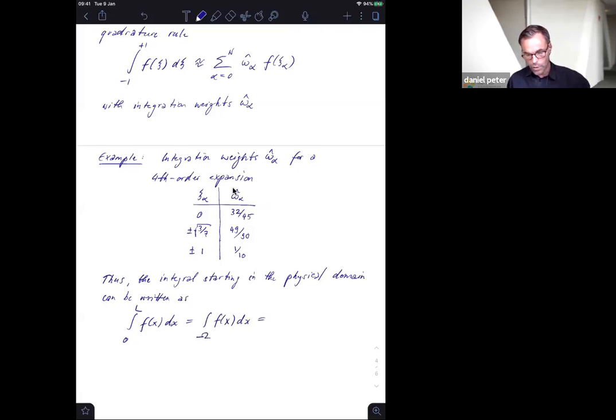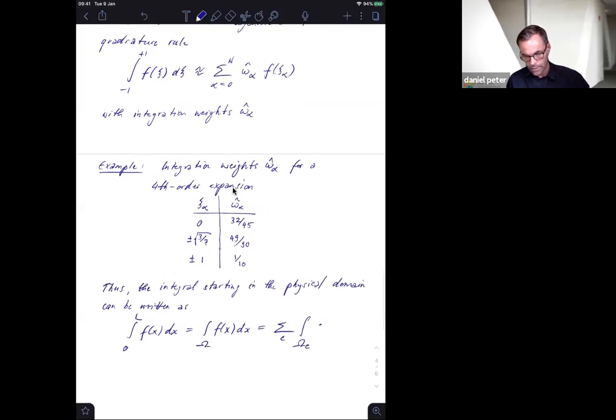It's going to be the sum over all the elements of the integral over the finite elements, omega e, of f of x dx. This is still in the physical domain. Once we discretize the domain into finite elements, we can write this integral as the sum over each finite element integral.